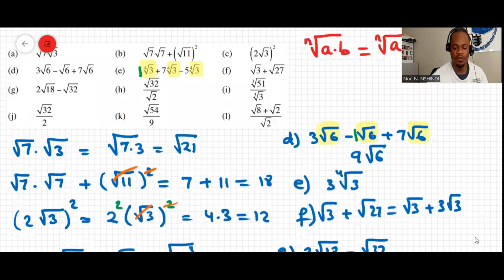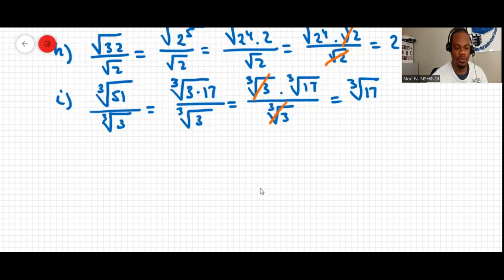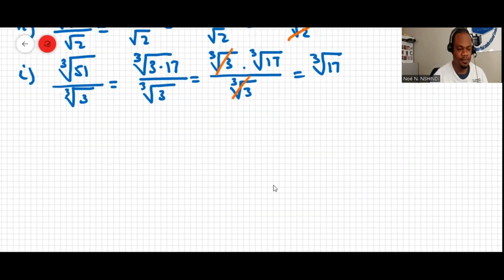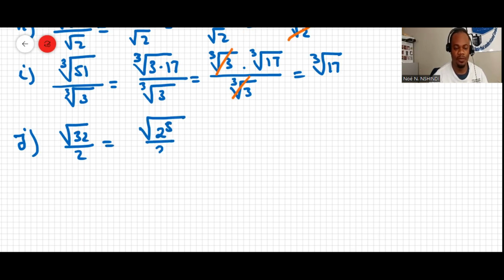Square root of 32 over 2. So it's similar to I here, say J, square root of 32 over 2. Okay, let's go step by step. This is 2 to the power 5 over 2. And then square root of 2 to the 5 is like square root of 2 times square root of 2 times square root of 2 to the power of 1, because the power of 1 is there over 2. Now, why am I doing it like this?